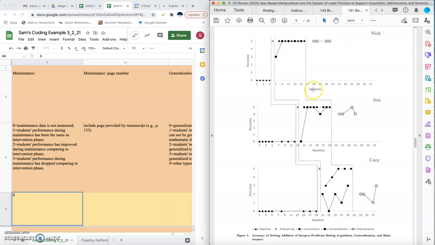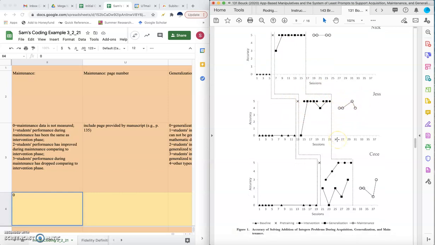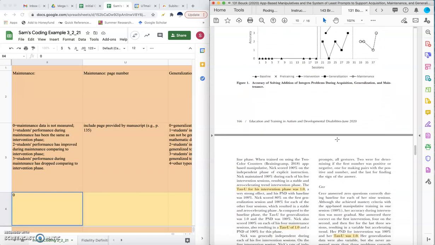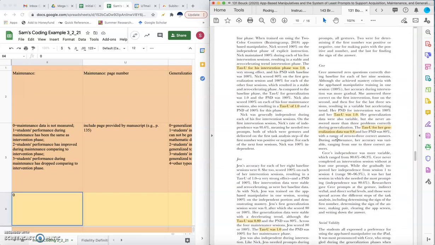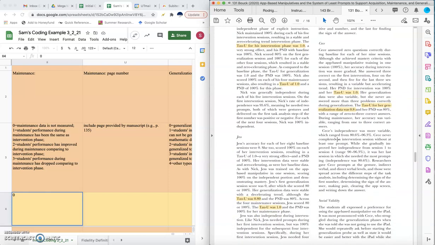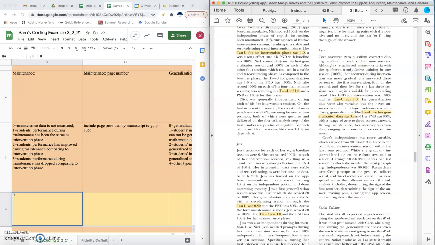Good for him. Jess, when we go back and they talk about tau U down here, that's another way to solve for the maintenance phase. So you can see her maintenance was a 1.0, which is like 100% for the maintenance phase. And then CC, you can see her tau U is 0.8, so it's less than 1.